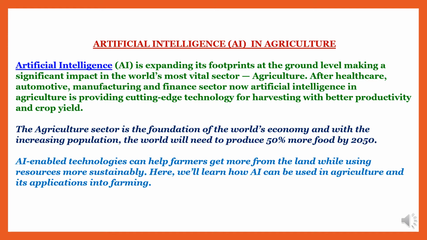The agriculture sector is the foundation of the world's economy, and with the increasing population, the world will need to produce 50% more food by 2050. Artificial intelligence enabled technologies can help farmers get more from the land while using resources more sustainably. Here we will learn how artificial intelligence can be used in agriculture and its applications in farming.